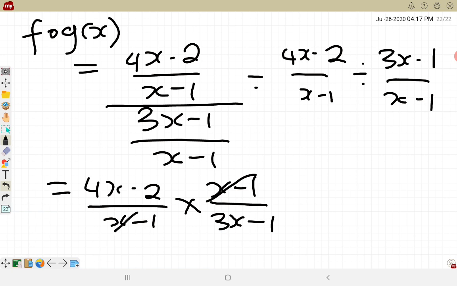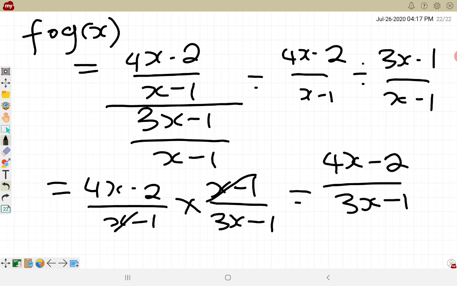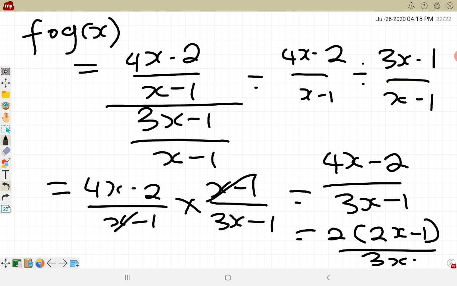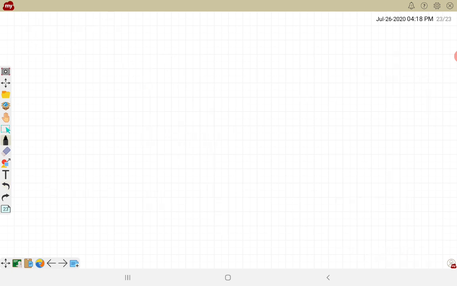This cancels this, so the final answer becomes 4x minus 2 over 3x minus 1, which can be rewritten by factoring out 2 as 2 times 2x minus 1 over 3x minus 1. That is the final answer. Very simple and straightforward. Let's take it one step at a time.